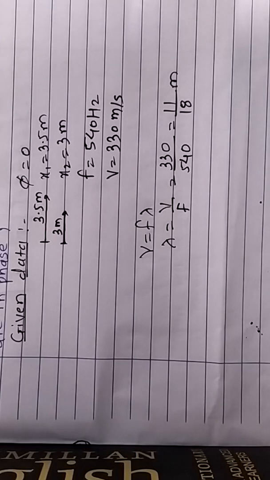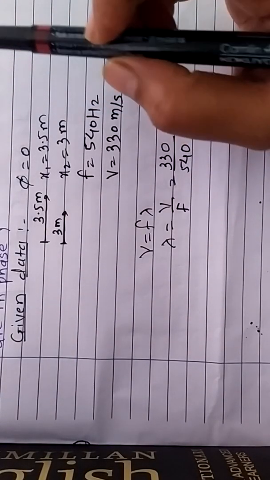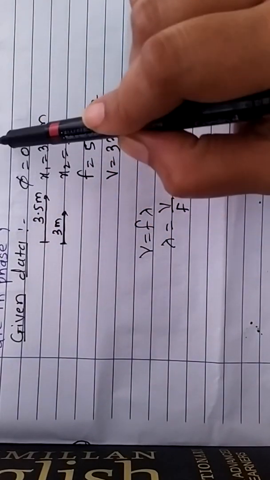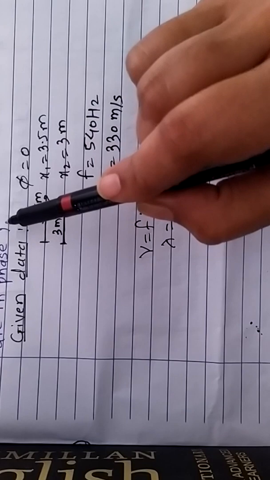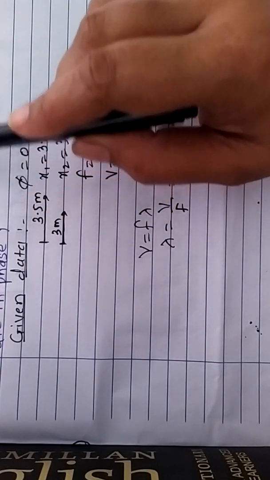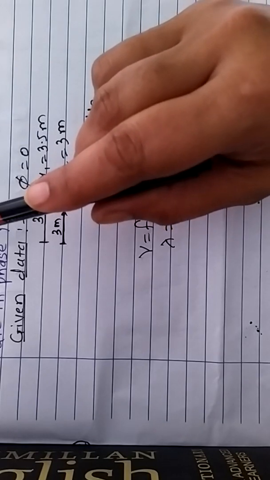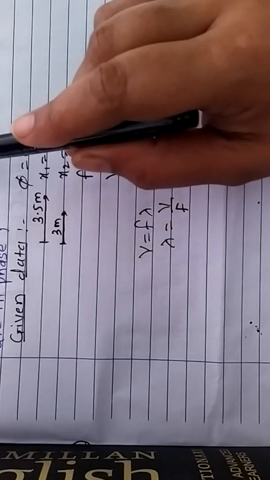Now, the equation can be used to calculate the value. The sources are in phase and their frequencies are identical, the two sources having the same frequency.